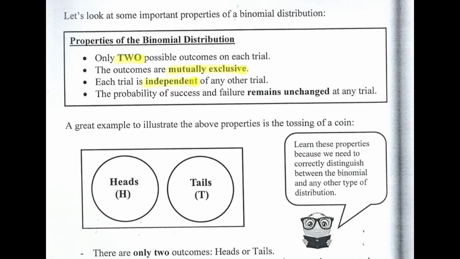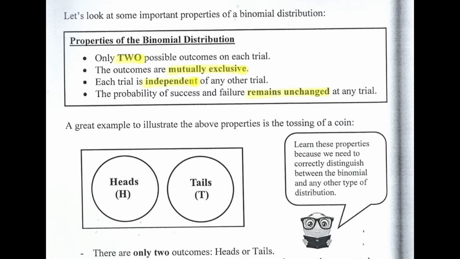All right, and then the last property is that the probability of success and failure remains unchanged at any trial, because there's no replacement. Remember in those probability examples when you had a bag of 6 red marbles and 6 white marbles. The probability of taking either a red or a white marble is 50%.